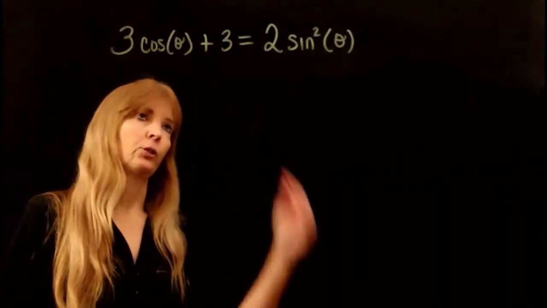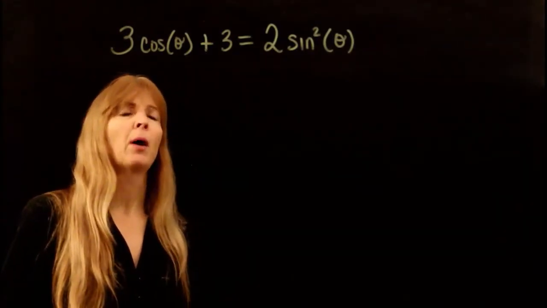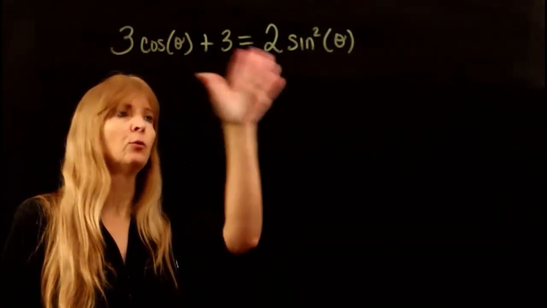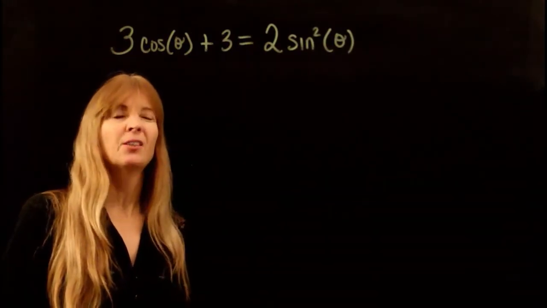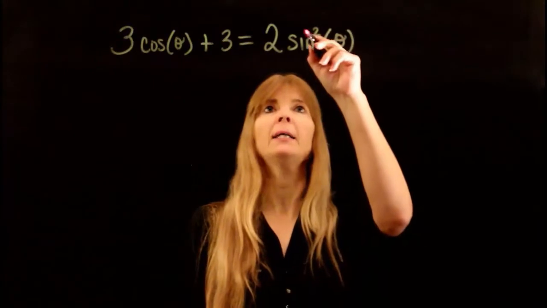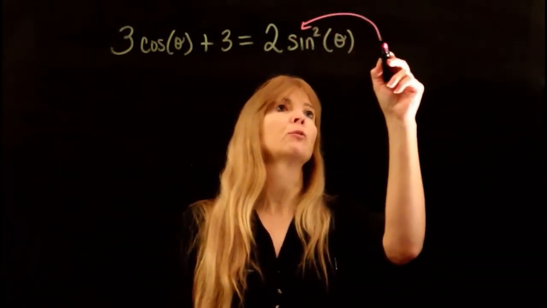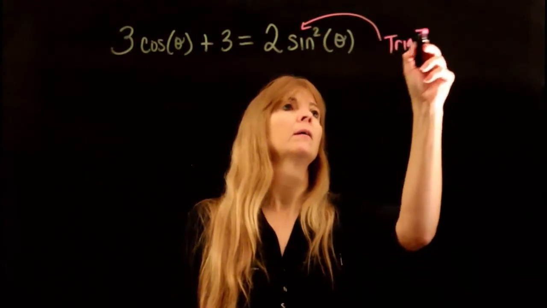Okay, I have a trigonometric equation that I want to solve. One of the big problems I see here is I have a cosine and a sine. And so I need to think of something, and right away when I see sine squared, I think of the trig identity.